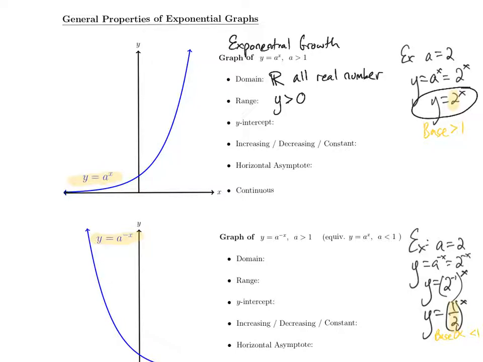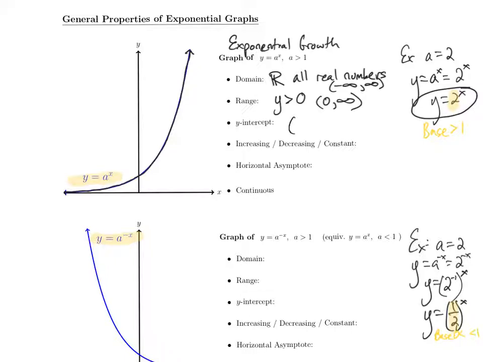This graph never crosses below the x-axis. It never goes into negative y values. And so therefore the range is that y has to be greater than 0. Now, if I wanted to write these in interval notation, all real numbers would be negative infinity to infinity, and the range would be 0 to positive infinity.